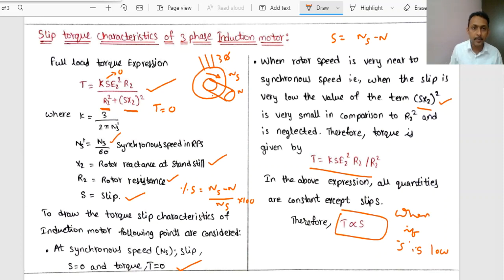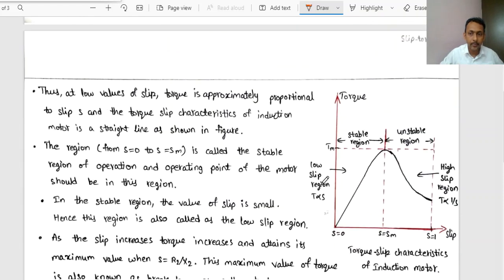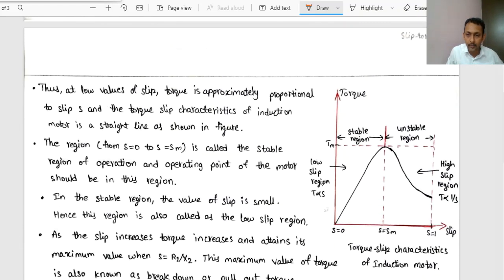If the value of slip is low, during that state the torque will be directly proportional to the slip. Under the low slip region, the value of torque is proportional to the slip. This is very important. So here, this is the graph we can get.